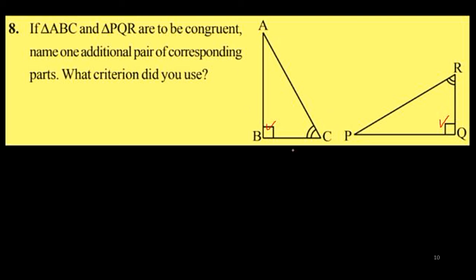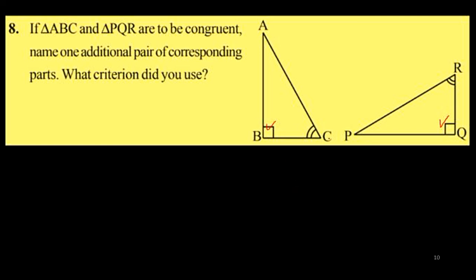Here sides are not given, so SSS criteria is also not useful. Now if I want to use SAS, there is nothing given about the sides because I need two sides for SAS criteria. No, sides are not given equal. Now what are we left with? We are left with only one criteria, that is angle, side, angle.